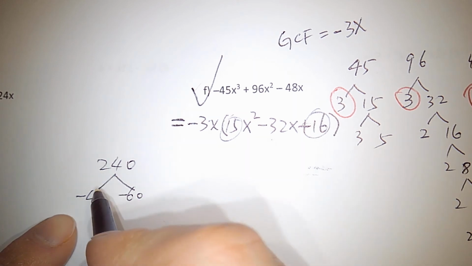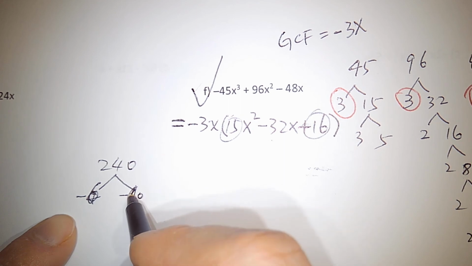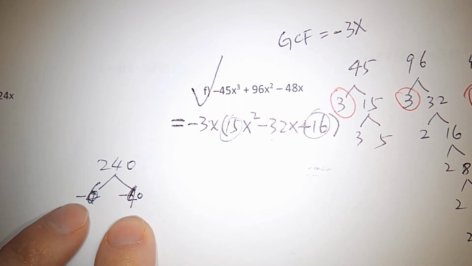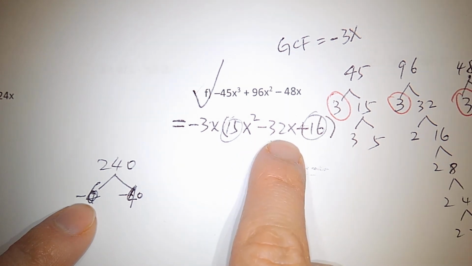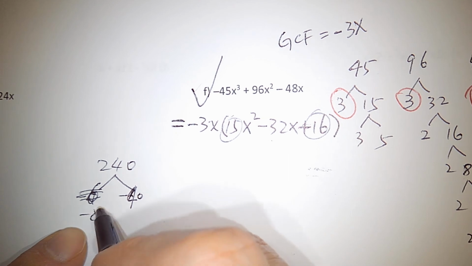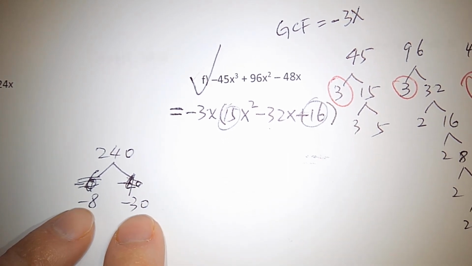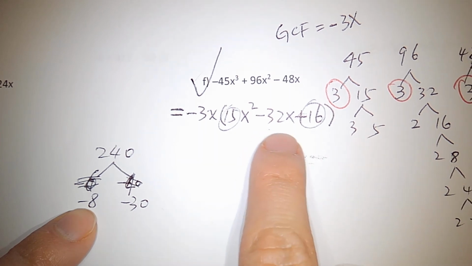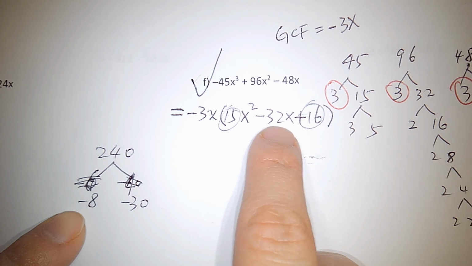So we're going to increase this number and decrease this number. Can we have 6 times 40? Negative 6 by negative 40. How about the sum? Negative 46, right? So not negative 32. Can we try negative 8 by negative 30? Not yet, but we're getting closer, right?